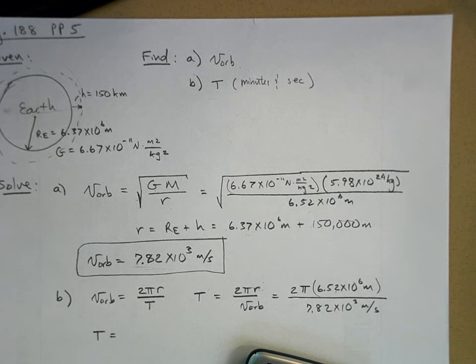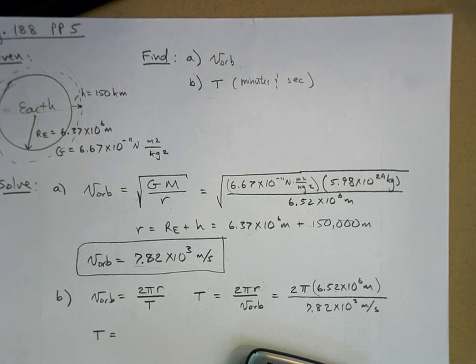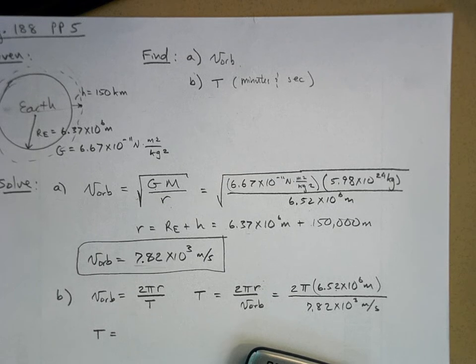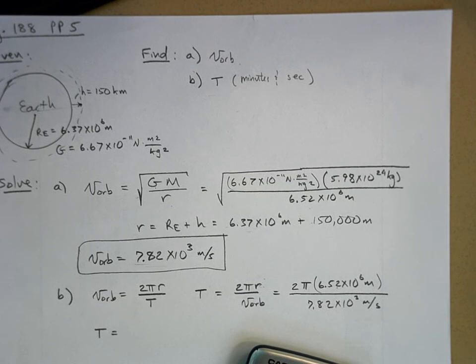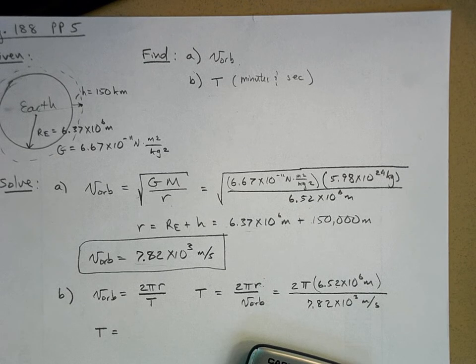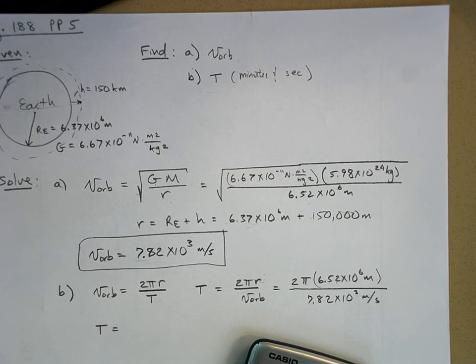Okay, 2 times 3.14159, that's close enough to pi, times 6.52 times 10 to the 6, divided by 7.82 times 10 to the 3, equals.